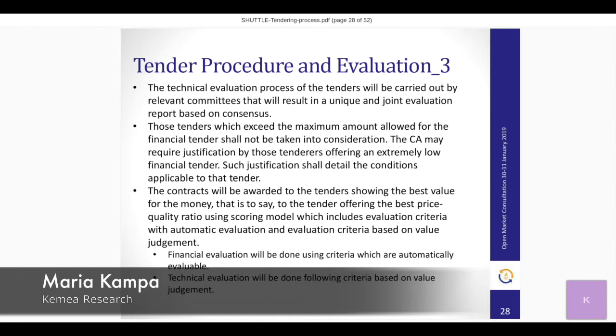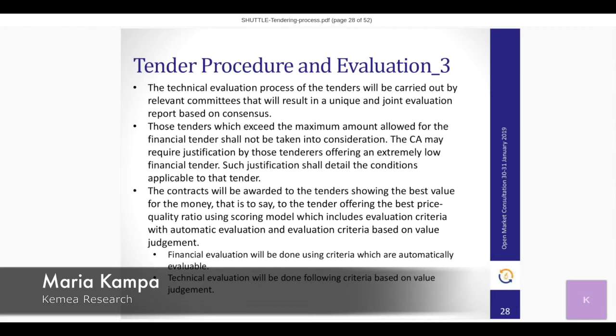So, the technical evaluation process of the tenders will be carried out by the relevant committees and will result in a unique and joint evaluation report based on consensus. Those tenders that exceed the maximum amount allowed for the financial tender shall not be taken into consideration. The contracting authority may request justification from those tenderers that offer an extremely low financial tender.